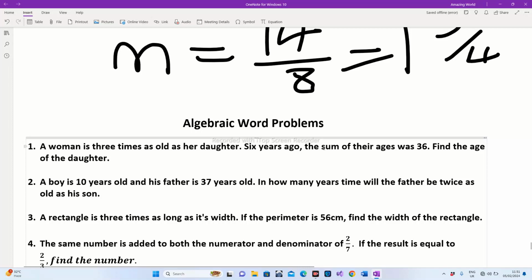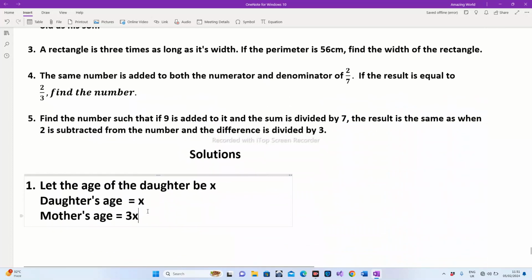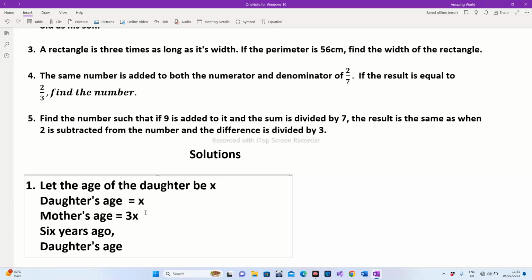So 6 years ago, the sum of their ages was 36. So let's put that into expression. We say 6 years ago, the age of the daughter would equal the current age of the daughter, which is x, subtracted by 6 years ago.